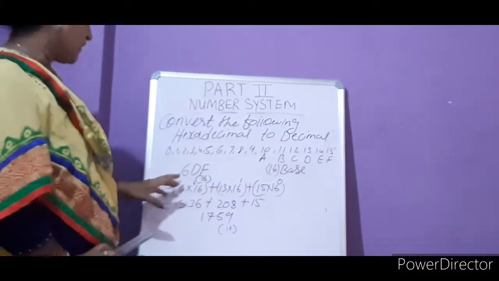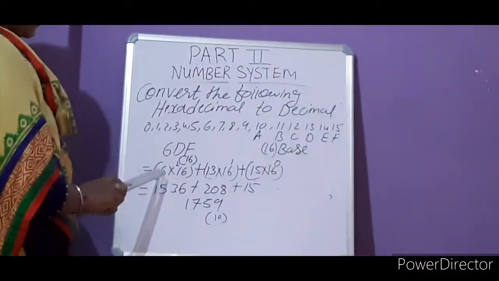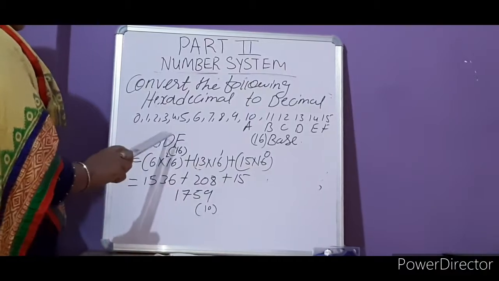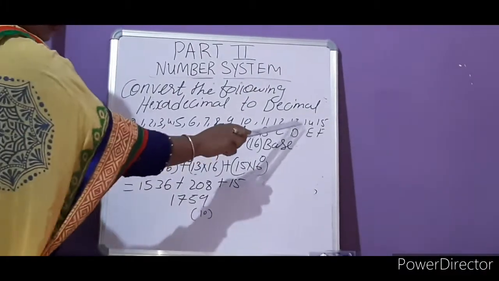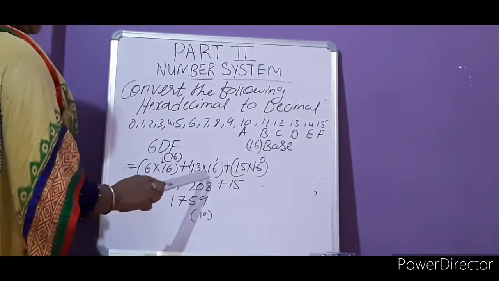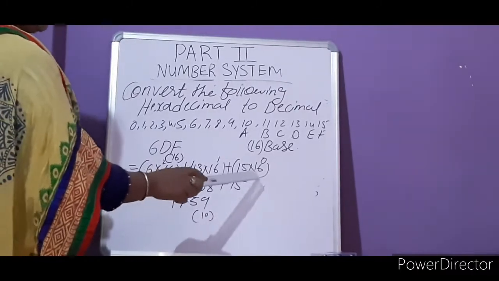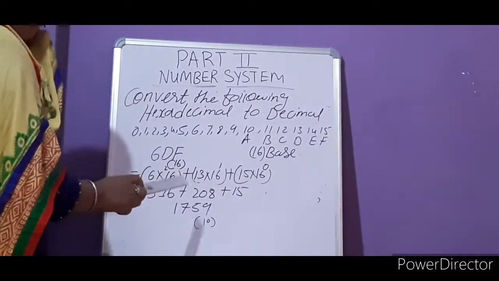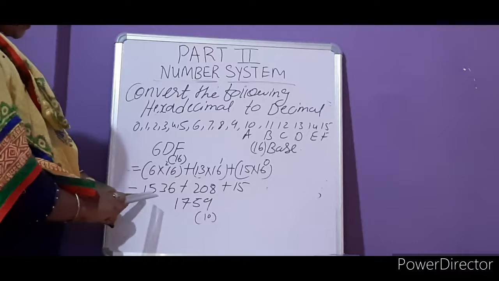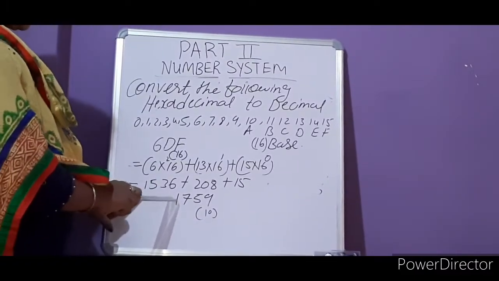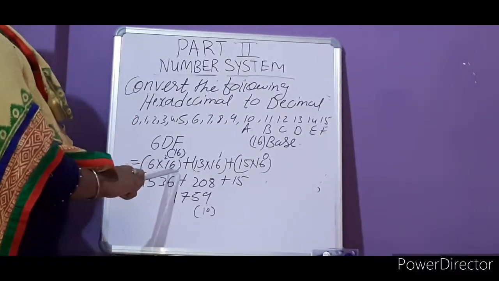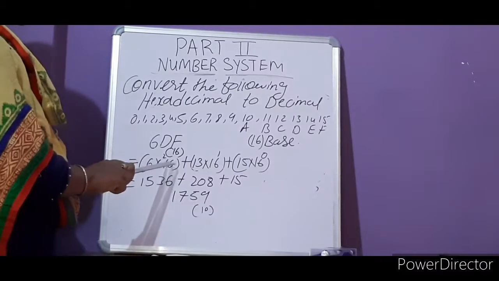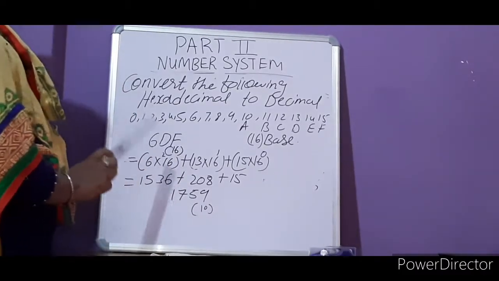So for that sake, now we are keeping here first step 6 into 16 squared. Then D means 13, so 13 into 16 plus 15 into 16. Now here equal to 1536. How did this answer come? 16 raised to power 2 is there. 16 16s are how much? 256.